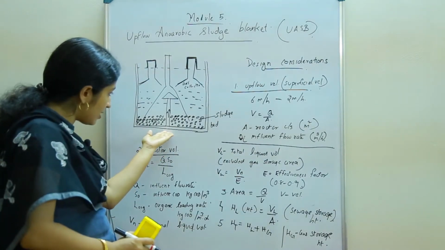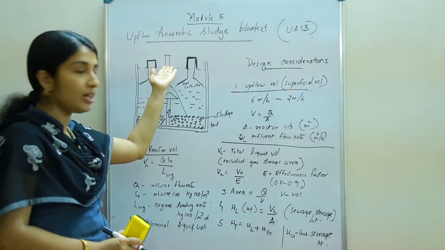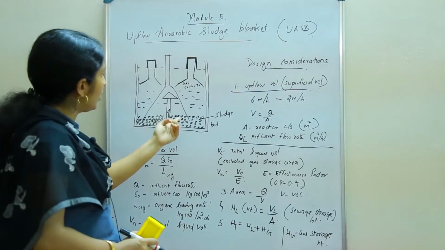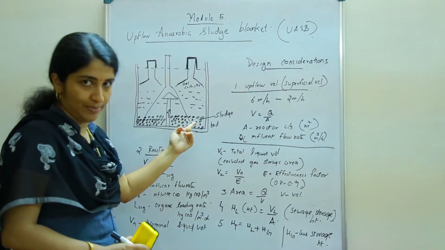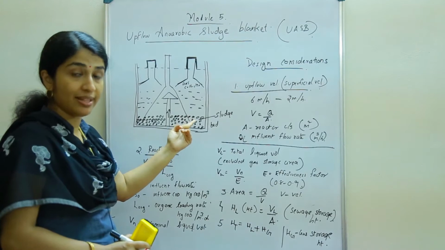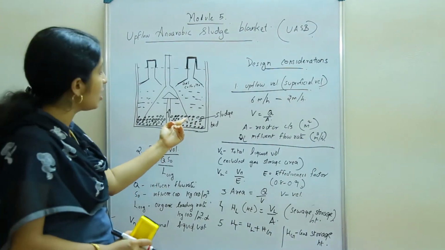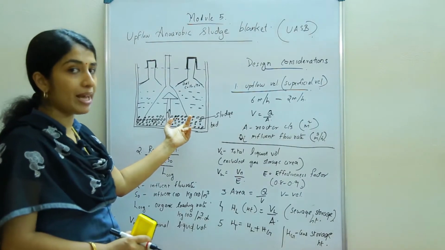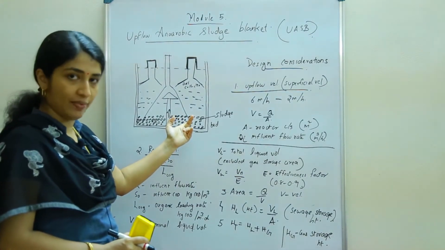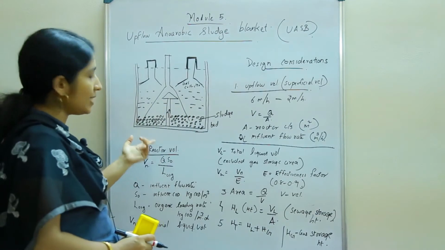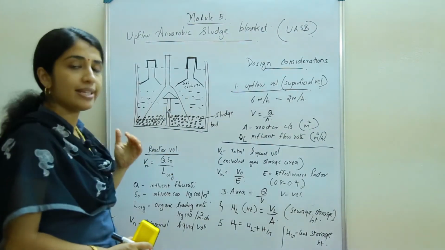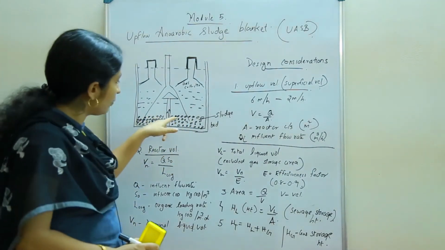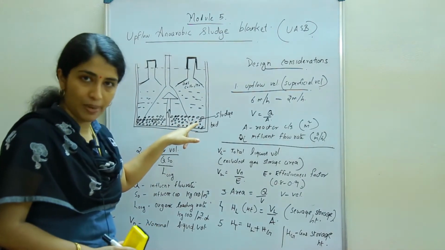When the sewage passes from the bottom to the top of this reactor, the anaerobic bacteria present in this sludge decompose the organic matter present in the sewage, and the suspended solids settle down with the sludge blanket.